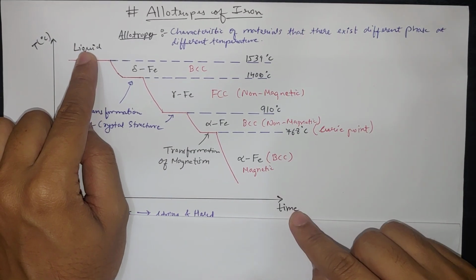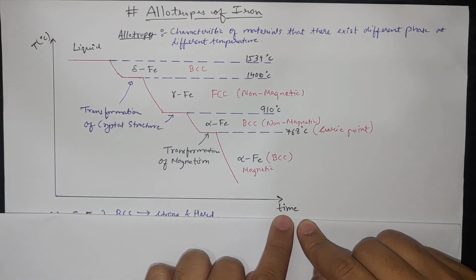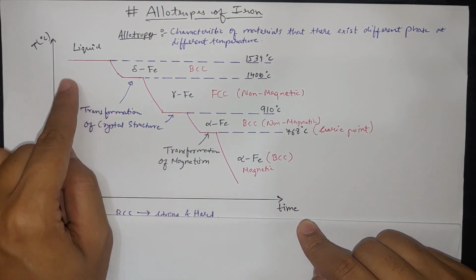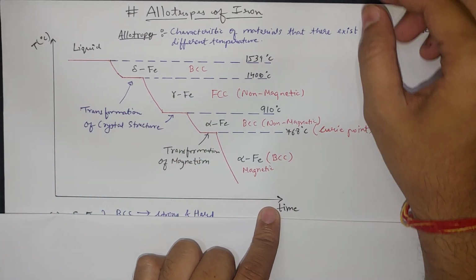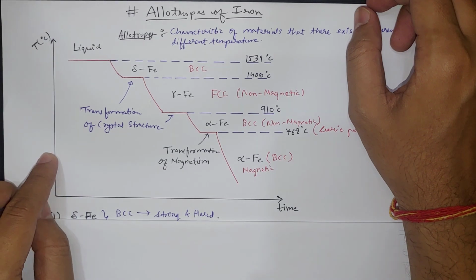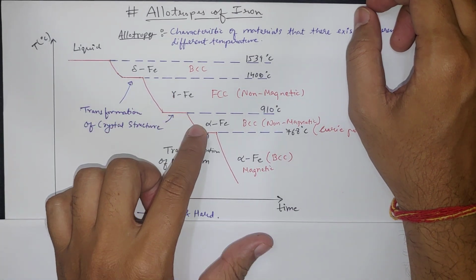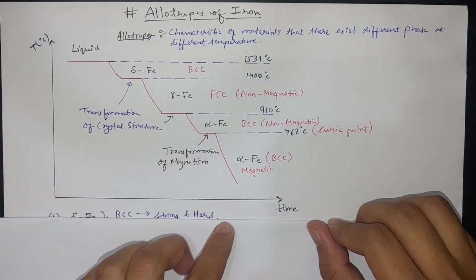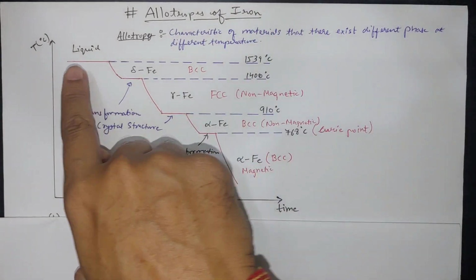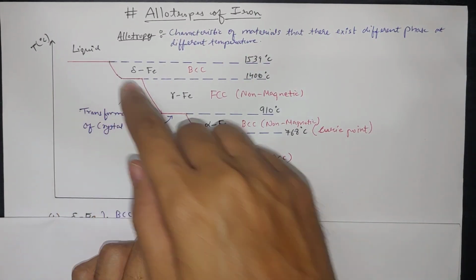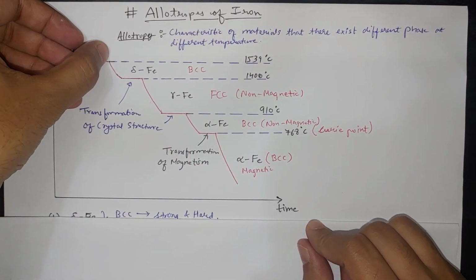If we cool iron with respect to time, meaning continuously cool it, then at different temperatures we get different allotropes of iron. The first one: it will change its phase from liquid to solid up to this point.